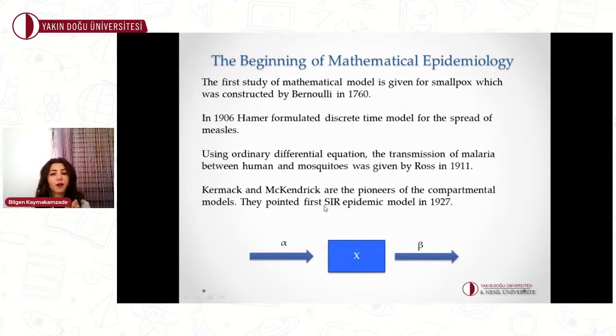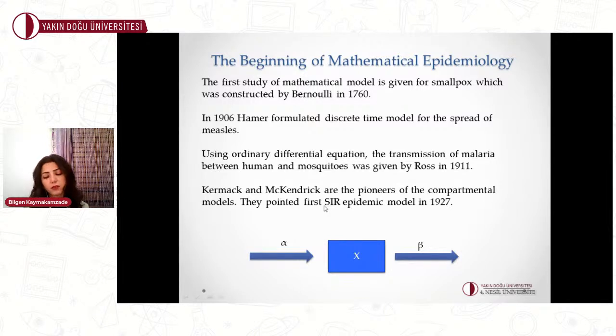In 1911, using an ordinary differential equation, Ross tried to make a model for malaria, which involves human to mosquito and mosquito to human contact.